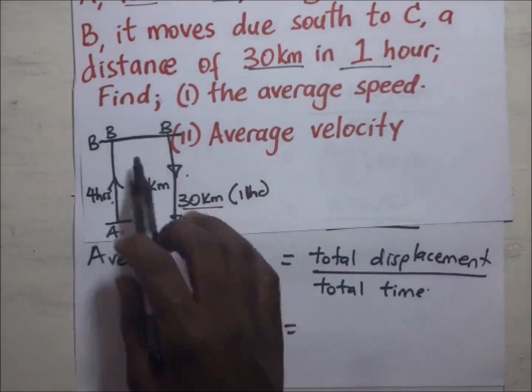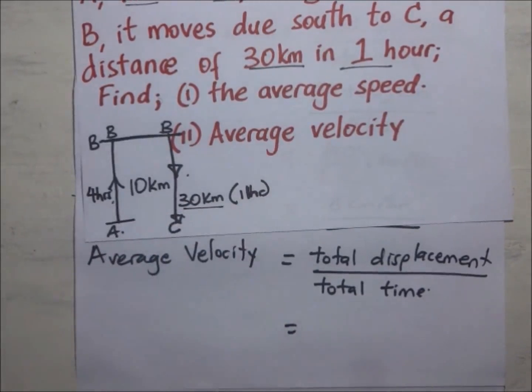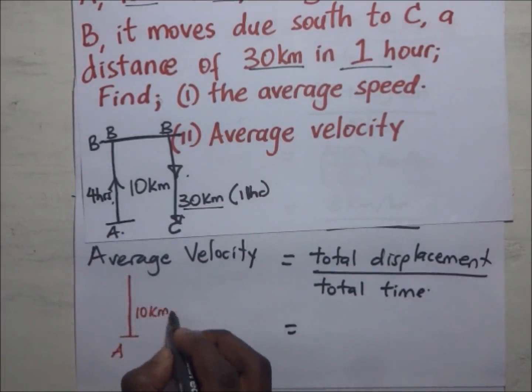If we redraw this to make the displacement clearer, it started from A, it moves up a distance of 10 kilometers.